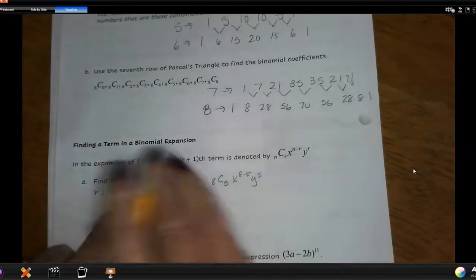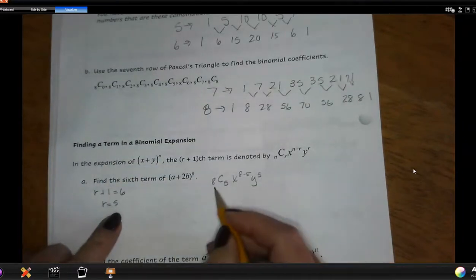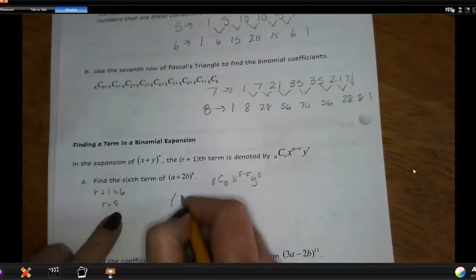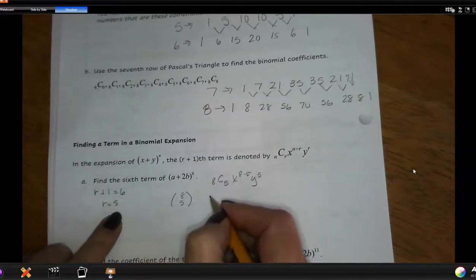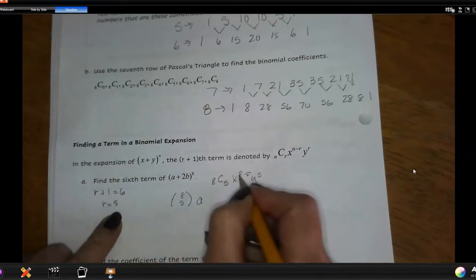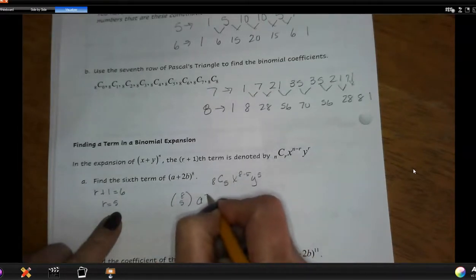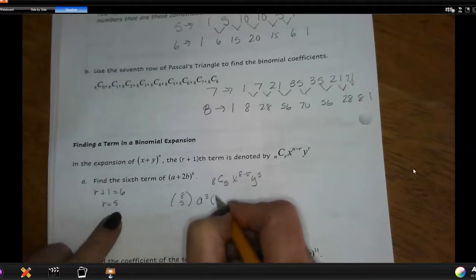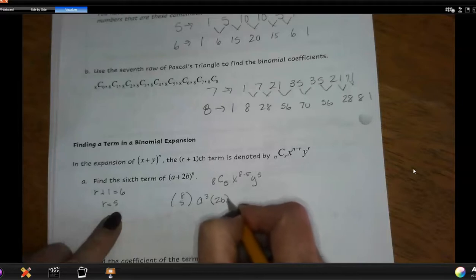That one takes a minute to look at. So if you do 8 choose 5, I did x and y. What I really should have done was a to the 8 minus 5, which is 3, and then b, or 2b to the 5th power.